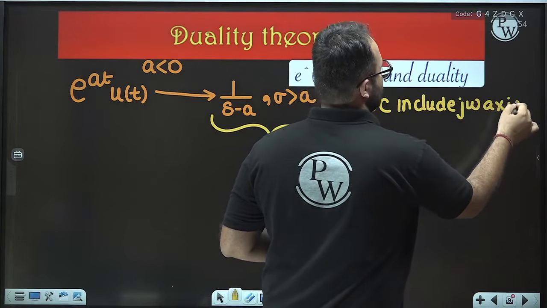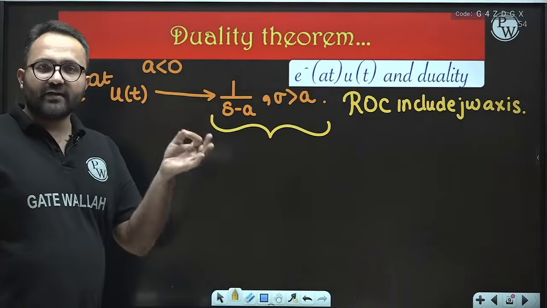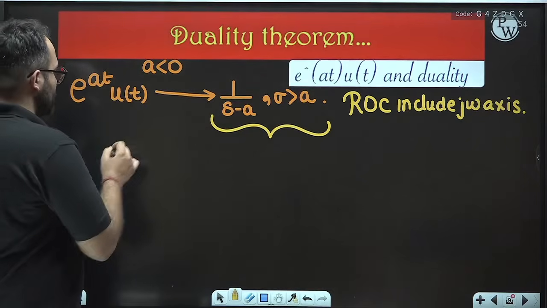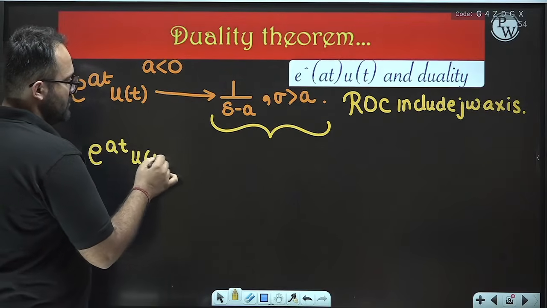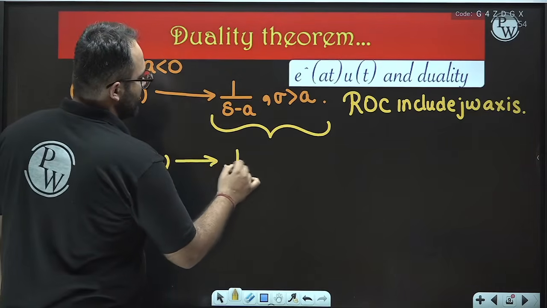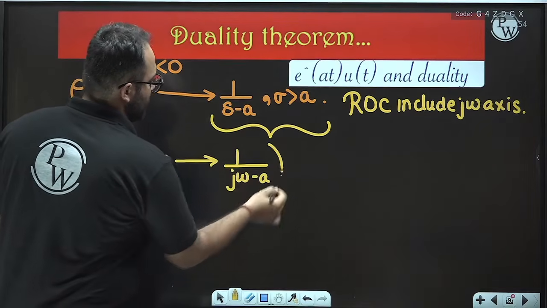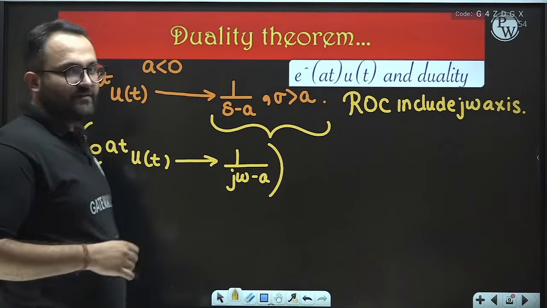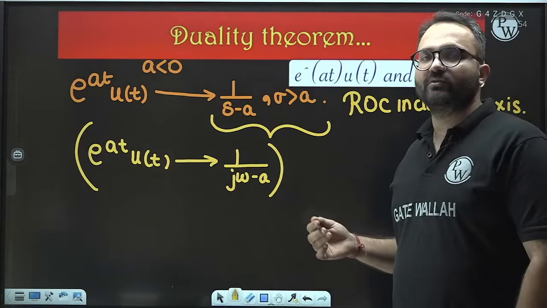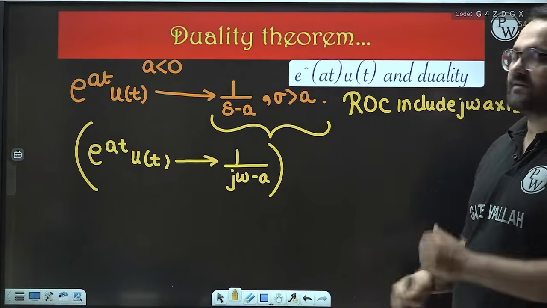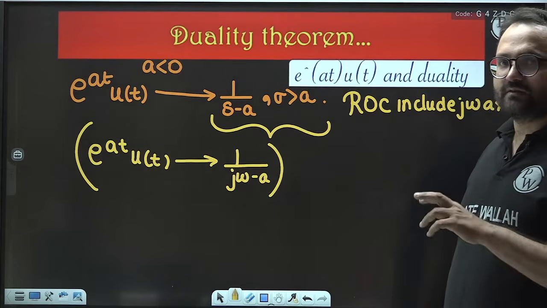Since the ROC includes the j omega axis, the signal is absolutely integrable. Thus we can find the Fourier transform of this signal by simply replacing s by j omega. So we can say that e to the power at u(t) has Fourier transform 1 upon j omega minus a.